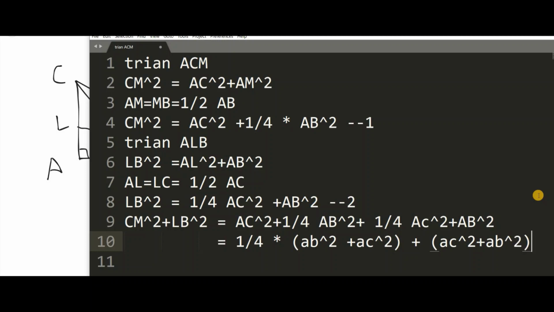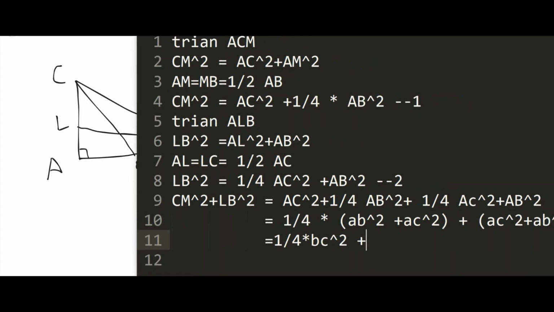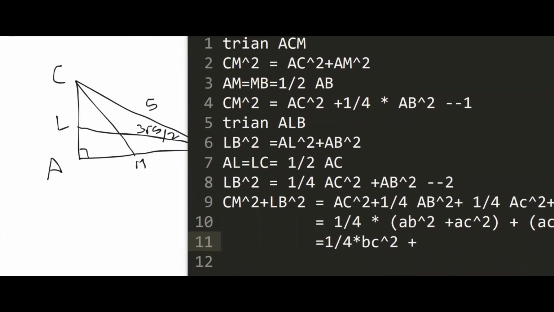If we look at the triangle ABC, we can see that AB square plus AC square will become BC square according to Pythagoras. So 1 by 4 into BC square plus, this one also same, AC square plus AB square, which will become BC square.